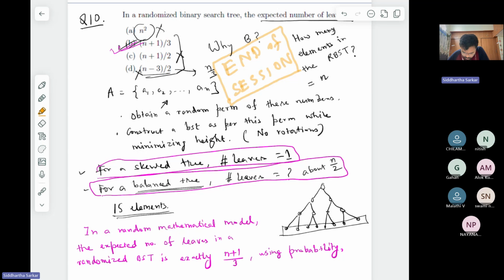In question number 8, a theorem was given for an unsuccessful search.